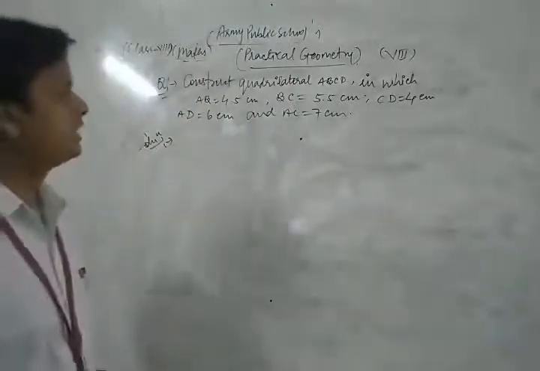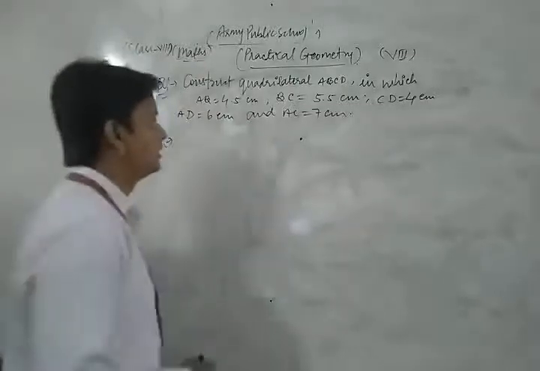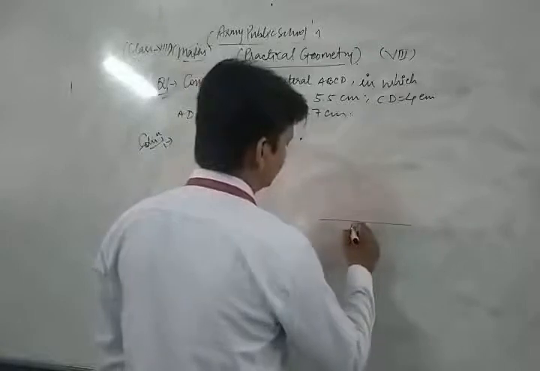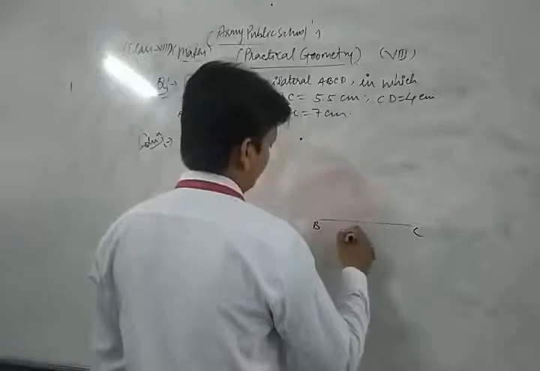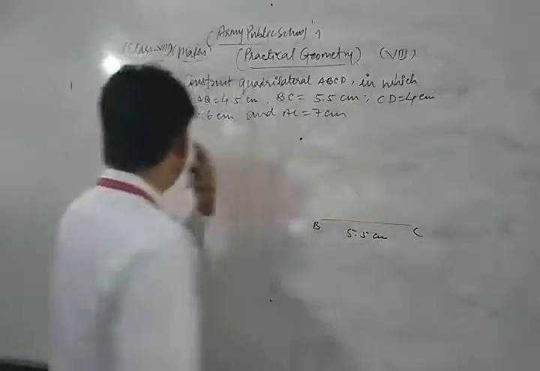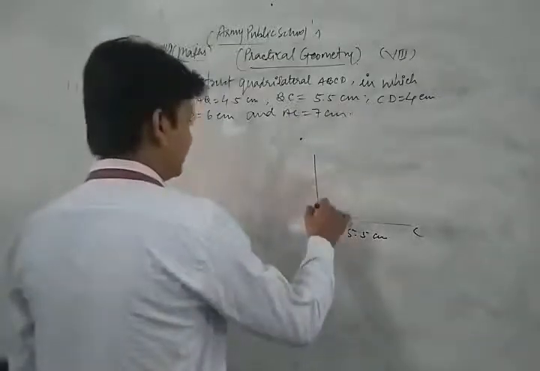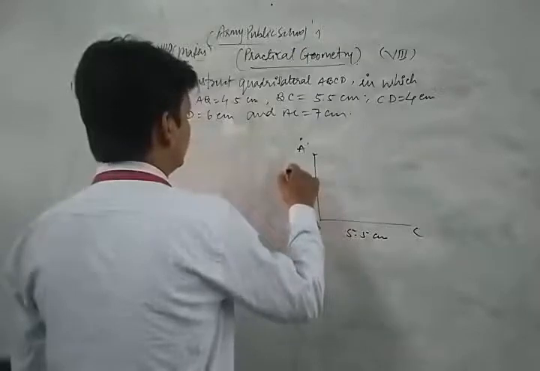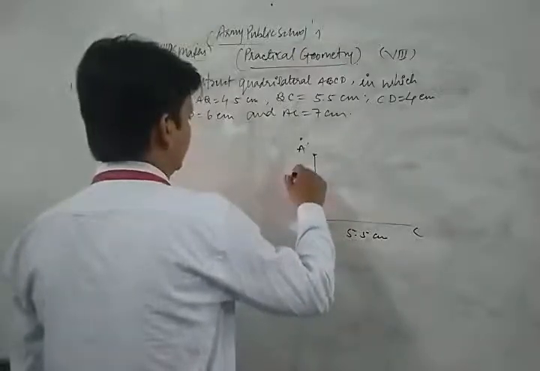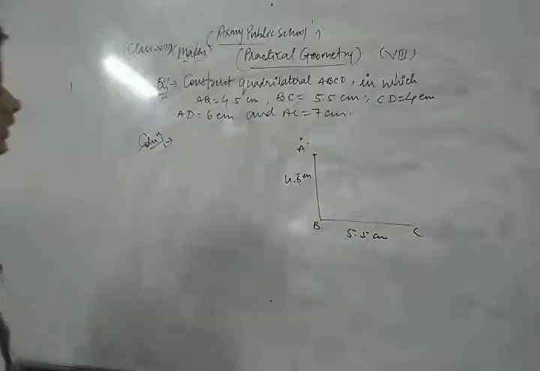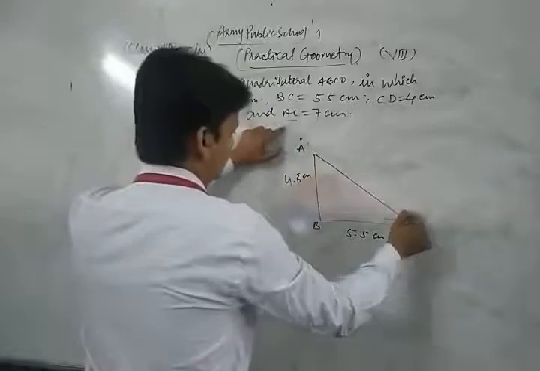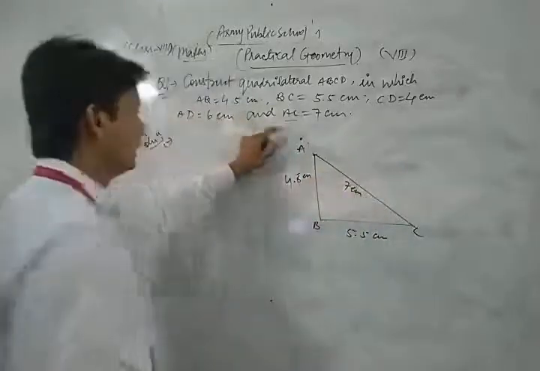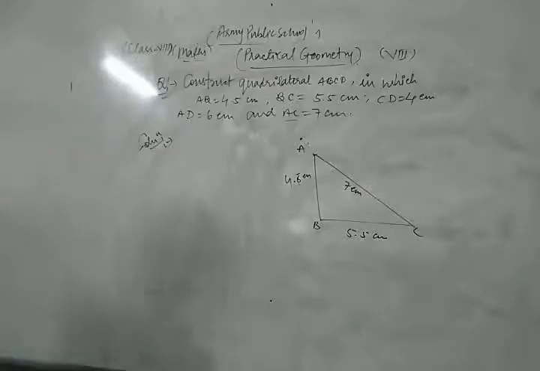First of all we draw the base BC. Suppose this is BC, which is 5.5 centimeter. AB is 4.5 centimeter, so here we write A, and AB is 4.5 centimeter. Now AC is 7 centimeter, so we write AC as 7 centimeter. Now CD.